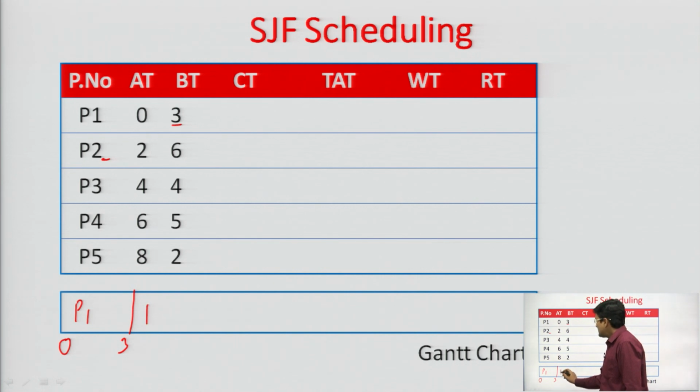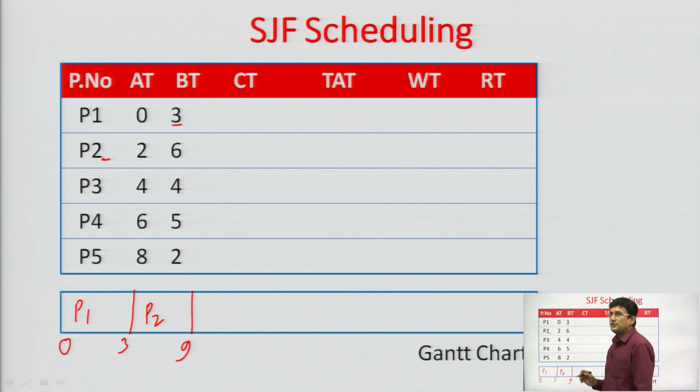So, P2 is allocated the CPU and it runs for 6 units of time, up to 9. Up to 9, all 3 processes, that is P3, P4 and P5, have arrived.